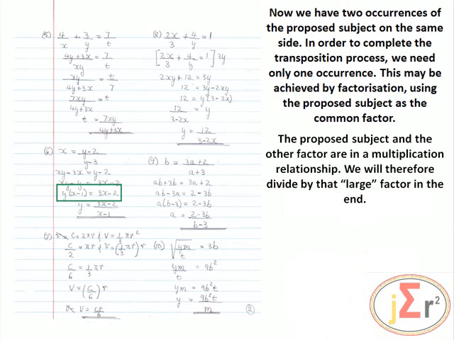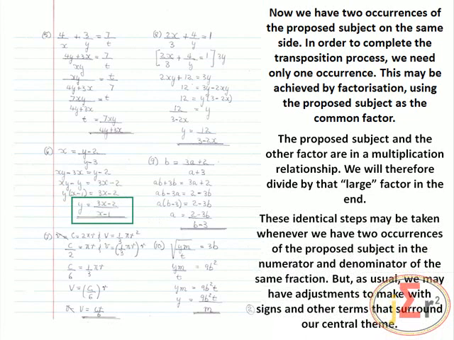We will therefore divide by that quote-unquote large factor in the end. So we are making y the subject. We have this, what we call the large factor, x minus 1. What do we do? We divide, because they are in a multiplication relationship. We will eliminate x minus 1 by division.